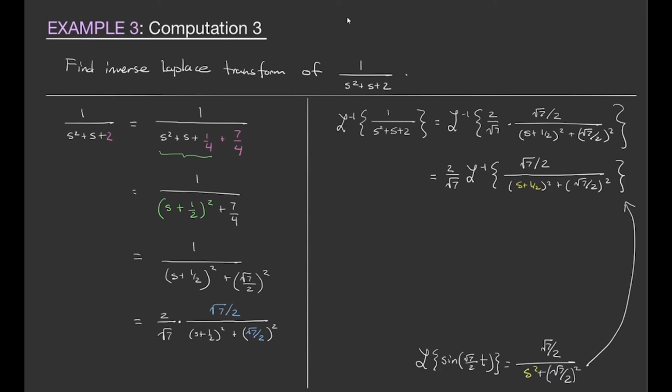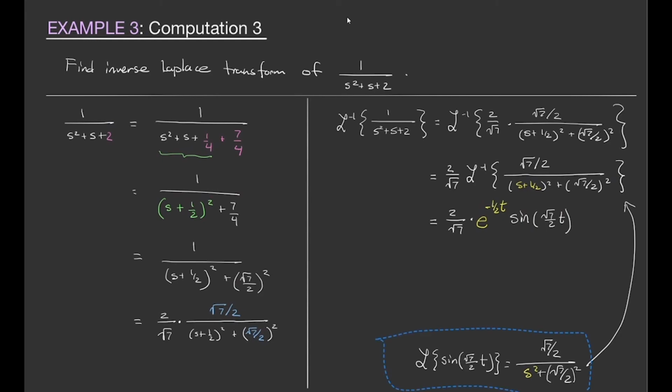That shift amounts to, in the end, multiplying by a given expression. So notice that we have sine of square root of 7 divided by 2 t, as I mentioned. The constant stays there. But because of this s plus 1/2 shift, what we have is this extra expression.